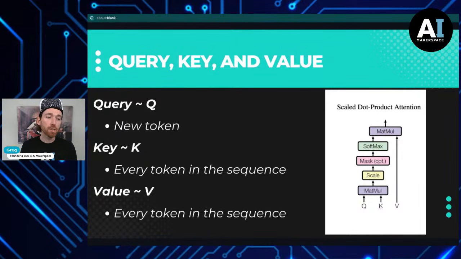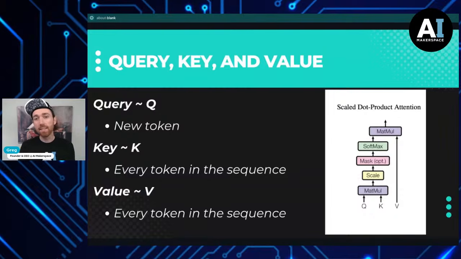Let's consider that the query is the new token. The token that we're looking at now. We're going to try to decide how much the other tokens around it are related to it. And we're going to do that by leveraging this attention calculation.